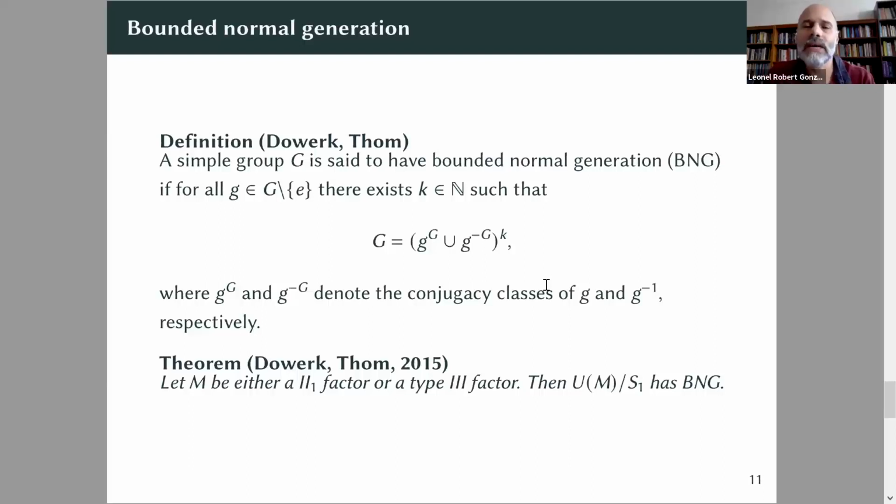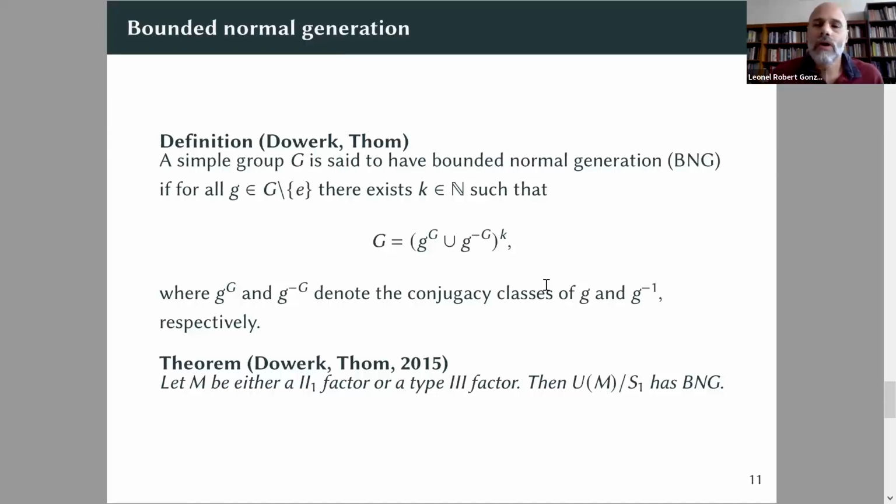I should point out that this is also true for finite factors, I mean for type I_n factors. It was classically known that the projective special unitary groups are simple. I'm not sure whether the bounded normal generation was in the literature, but it is true too, and Dowerk and Thom also prove it in that case.